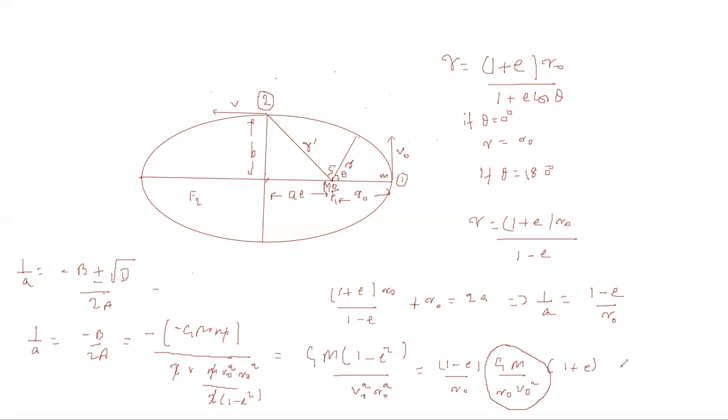So this becomes equal to (1 minus e) over r naught into (1 plus e) over (1 plus e).